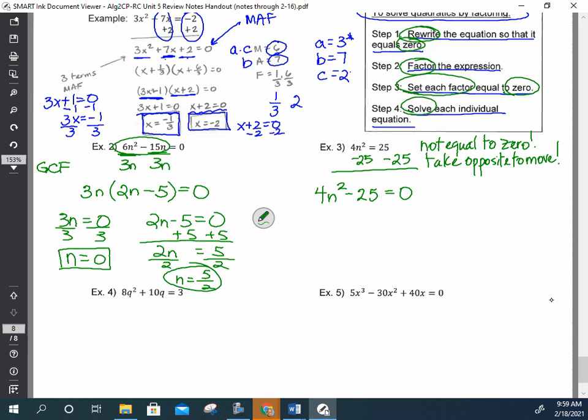So we've done the rewrite. Now we need to factor. First step is always, can I take out the greatest common factor? 4n squared minus 25. Can't take anything out of that. The greatest common factor is not going to work.